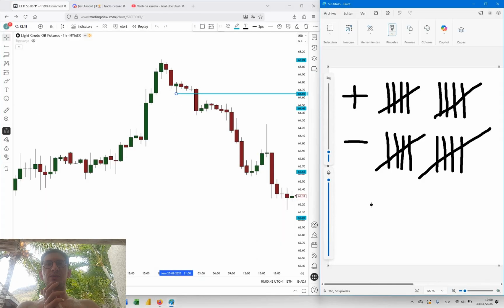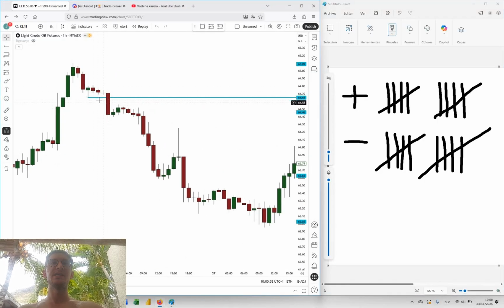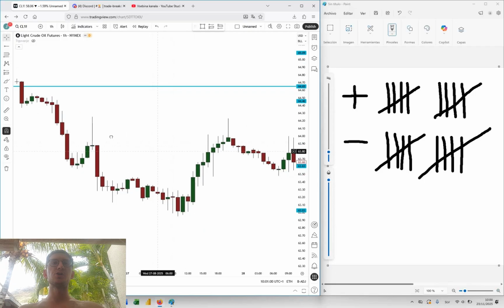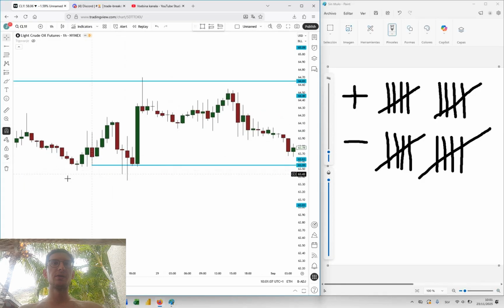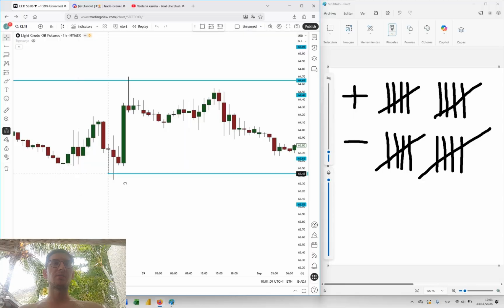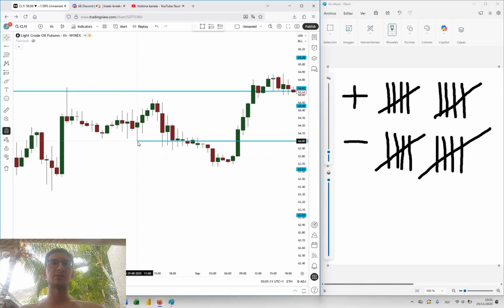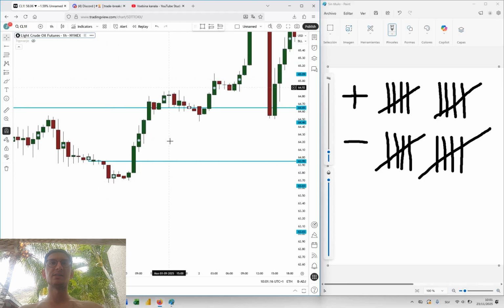So even though whenever we break structure we have a chance that the price follows that trend, for example with a bearish break of structure like in this case, that doesn't mean you should immediately buy or sell whenever a break of structure happens. You should wait for more confirmation. Why? Because for example here we broke structure to the downside, but then the price still reversed up.